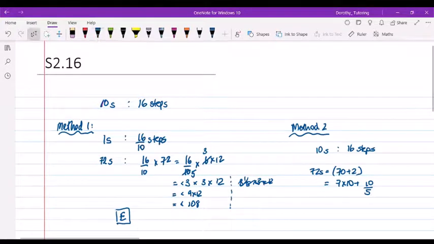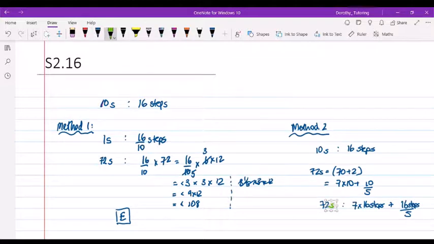Write it a bit clearer. Okay. So now what I'm going to do is just substitute everywhere I see 10, I'm going to put 16, because that will tell me the number of steps. So there's 7 times 16 plus 16 over 5.